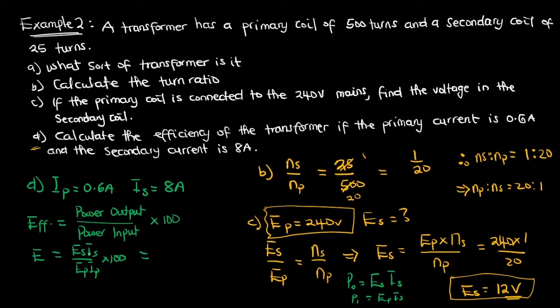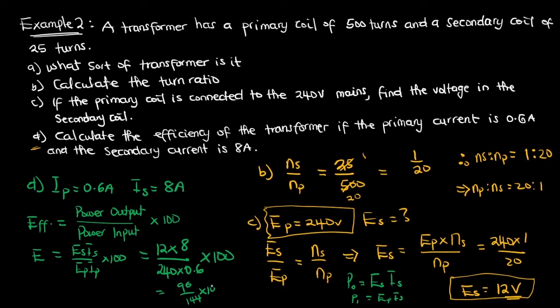which is equal to the ES we found, which is 12, multiplied by the IS, which is 8 over here. Then we divide that by, remember we are multiplying all by 100, our EP, which is 240, multiplied by our current in the primary, which is 0.6 over here, right? So 12 multiplied by 8 will give us 96, and then 240 multiplied by 0.6 will give us 144.